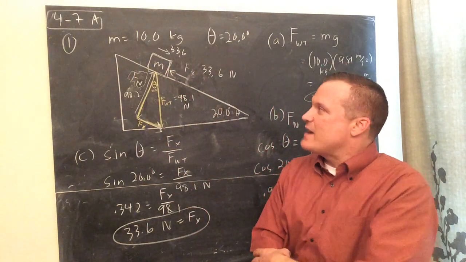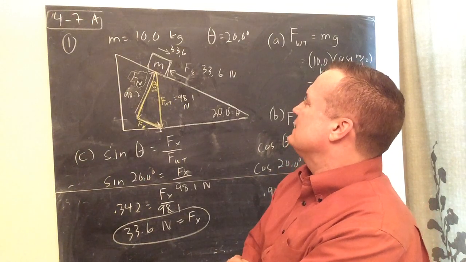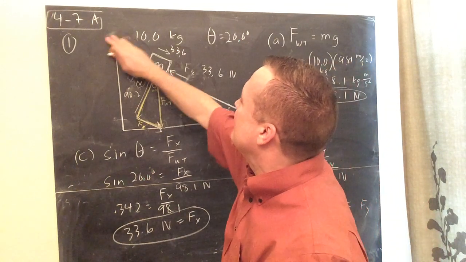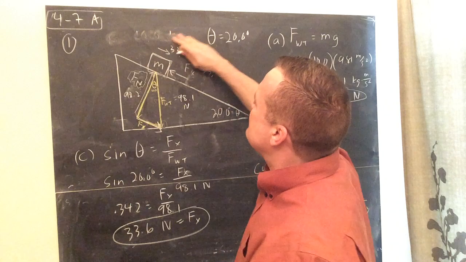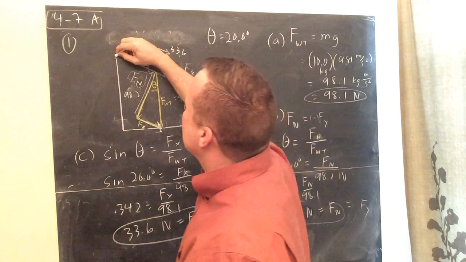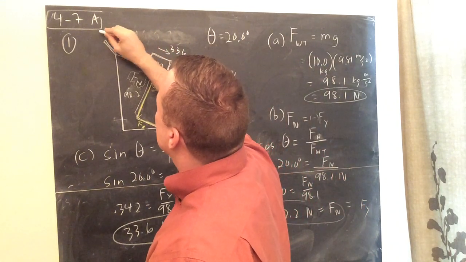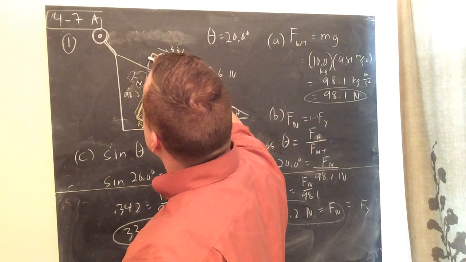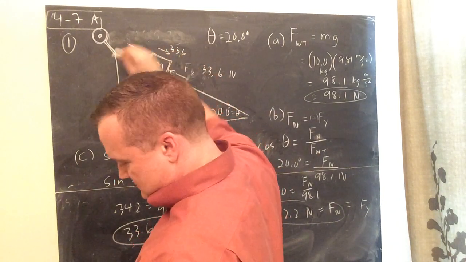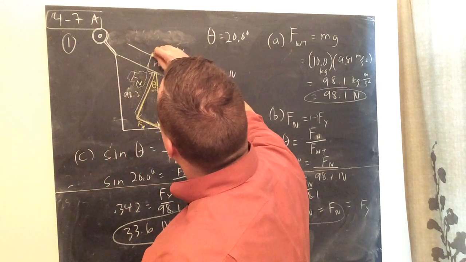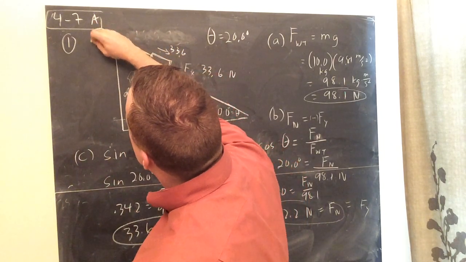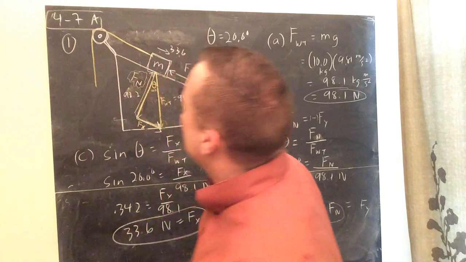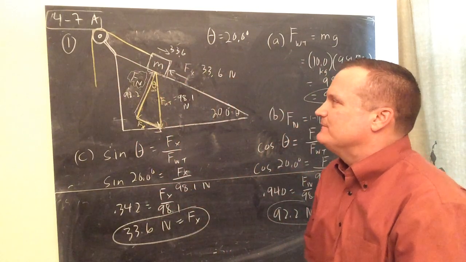You know what? I'll tell you a better way to say it. A much better way. And you may or may not have ever seen this in your life before, but I'm going to make here a pulley. And let's just say that on the pulley, I put a rope right here. I'm going to come down here. All right. We're going to see some stuff like this later in the chapter.